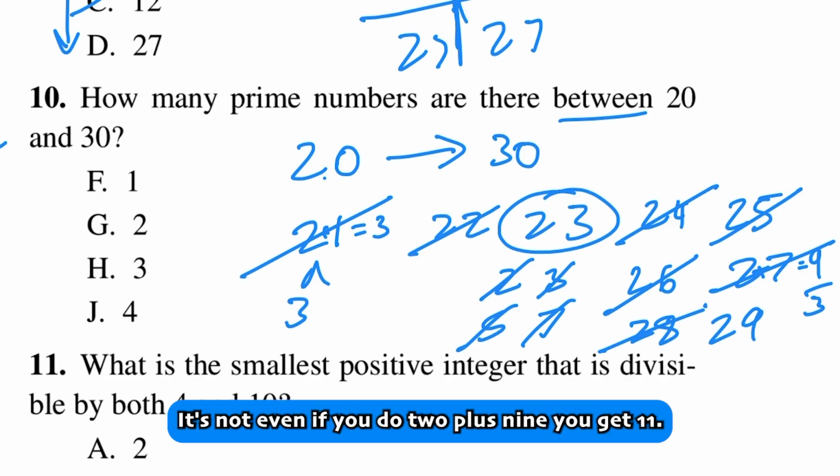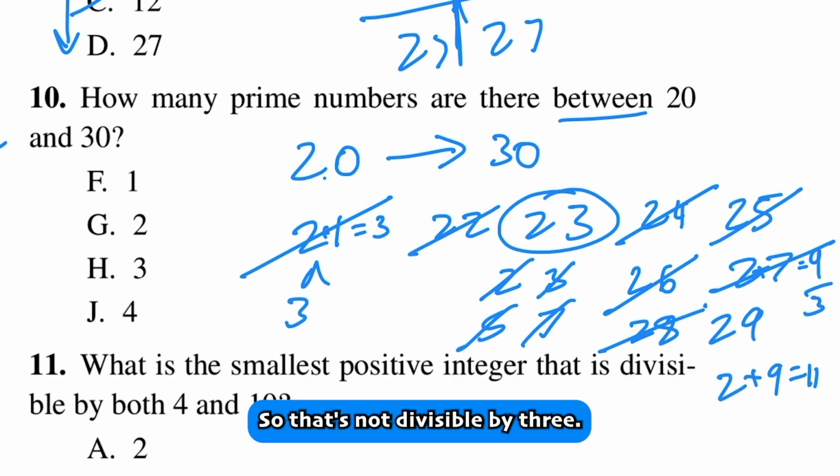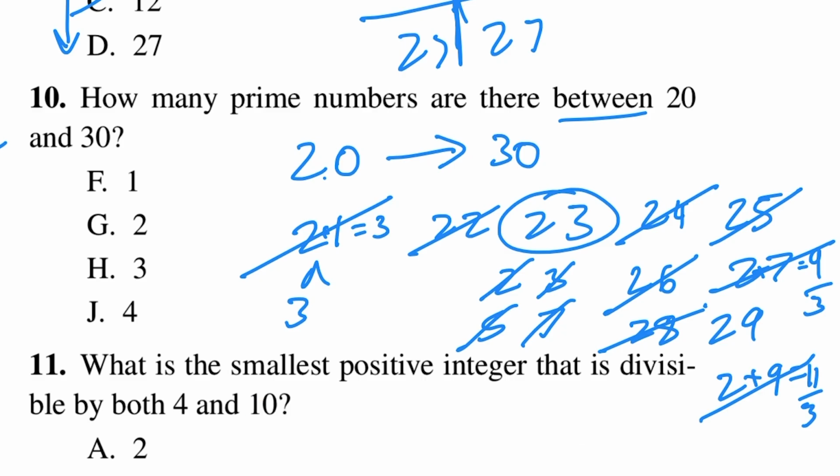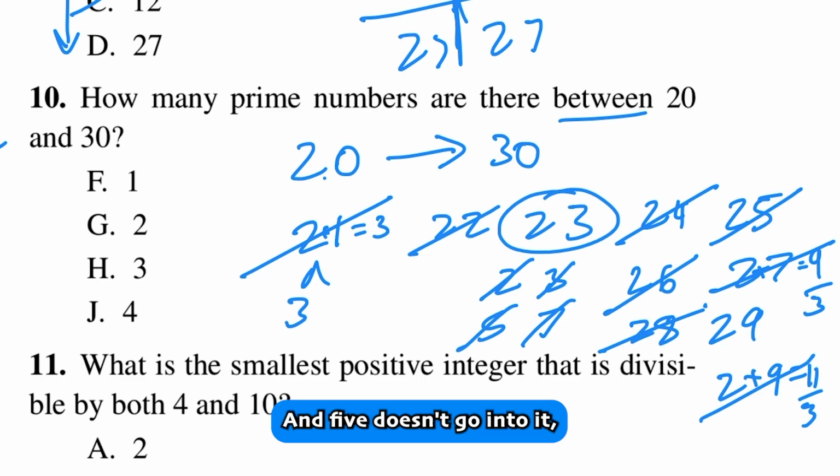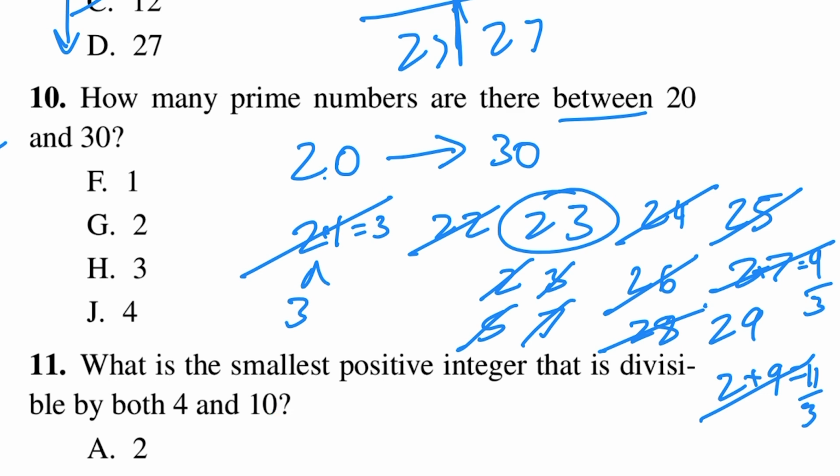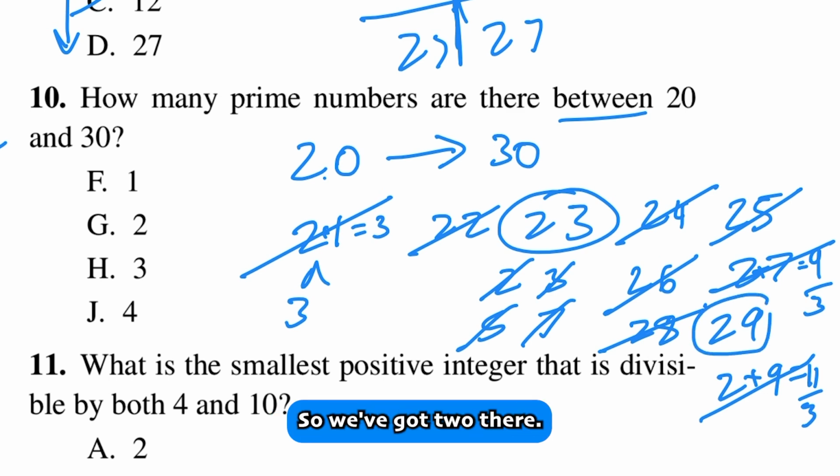It's not even. If you do 2 plus 9, you get 11. So that's not divisible by 3. And 5 doesn't go into it. Neither does 7. So we've got 2 there. We have 23 and 29.